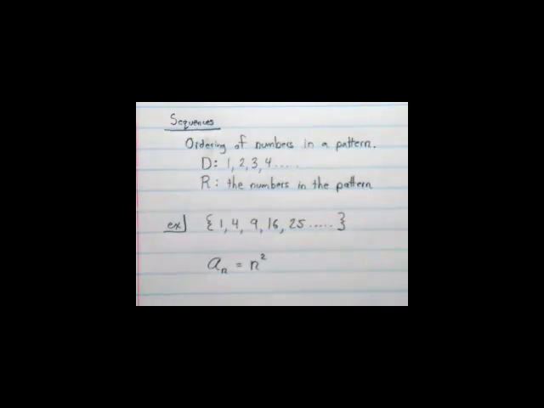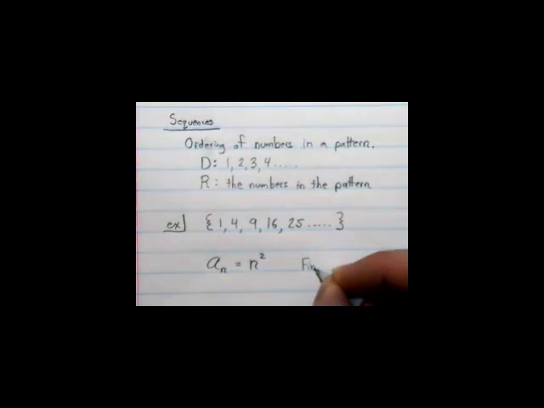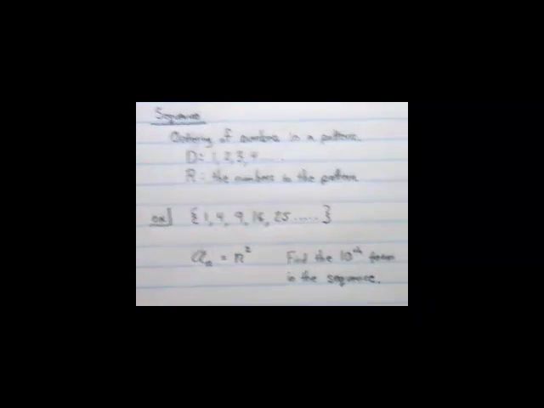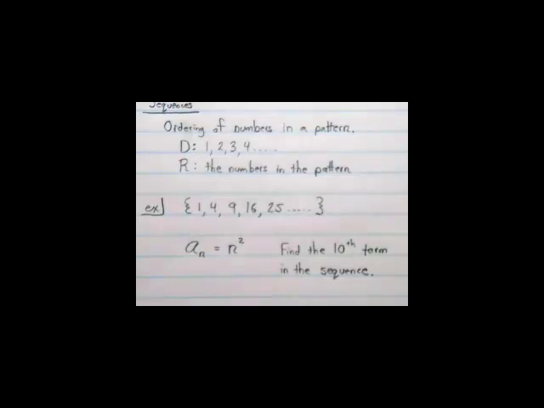So then I might ask you a question: if this is the sequence, find the 10th term in the sequence. Now, if I didn't have the formula, I could still do that, right? Just keep following the pattern until I get to the 10th number. But having the formula makes it a lot easier because then what can I do? Just put 10 into that formula, right? 10 squared.